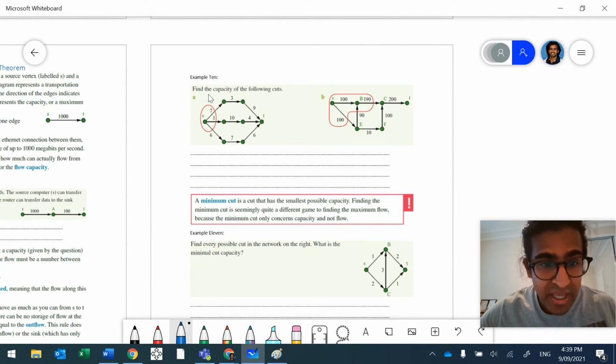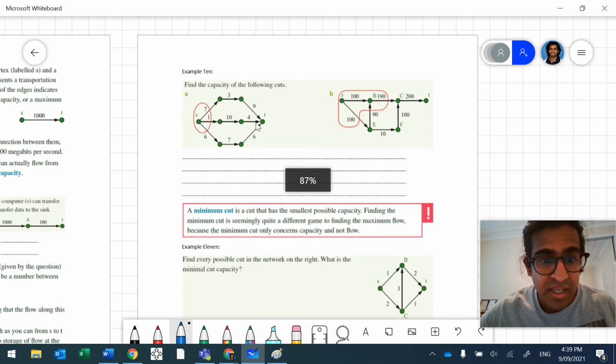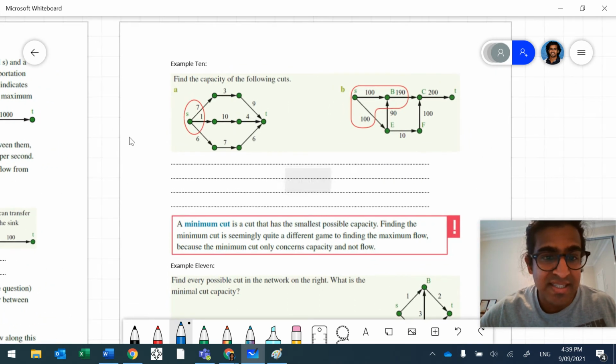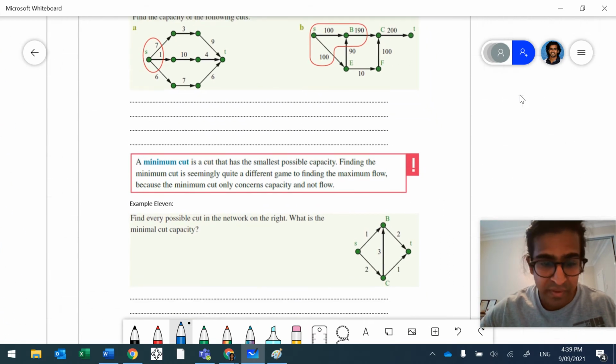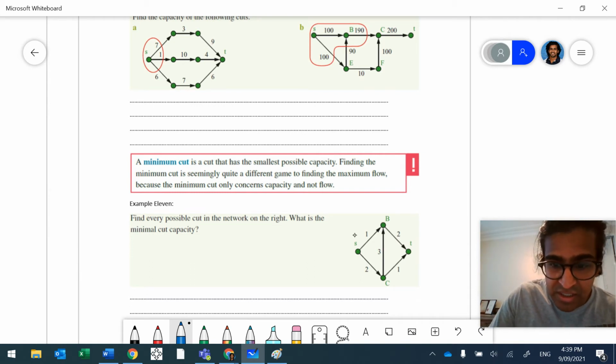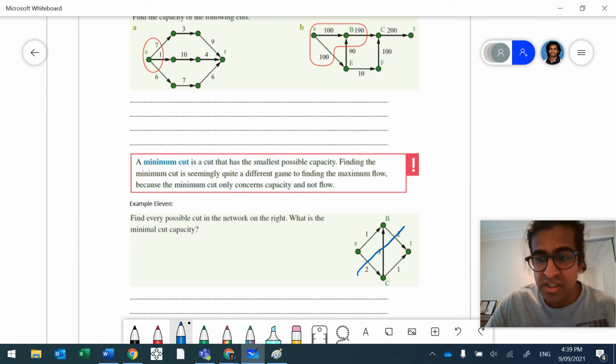So here we have a network, and what we need to understand is that there are two sides to the cut. Now a cut can be drawn like that, where you've got a circle, or, if we're talking about this network over here, a cut can just be like that, a line that splits the network.